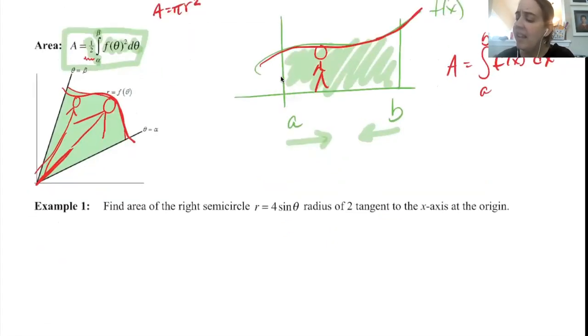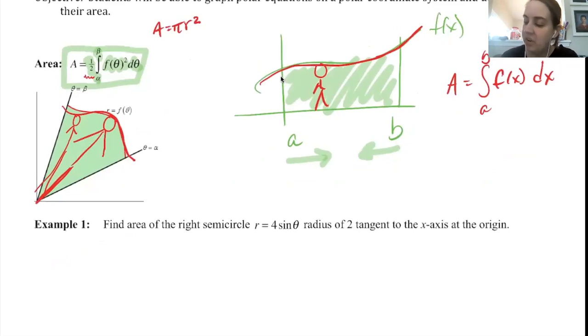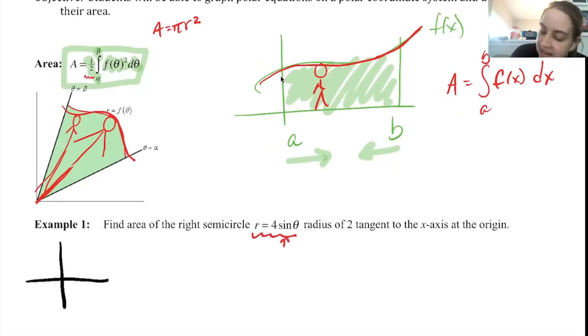Example 1, find the area of a right semicircle r equals 4 sine theta, radius of 2, tangent to the x-axis at the origin. Now this is a straightforward one. We really should be able to know what this looks like. If this is my xy plane, we have a semicircle r equals 4 sine theta. If you have sine, that actually aligns on your y-axis.